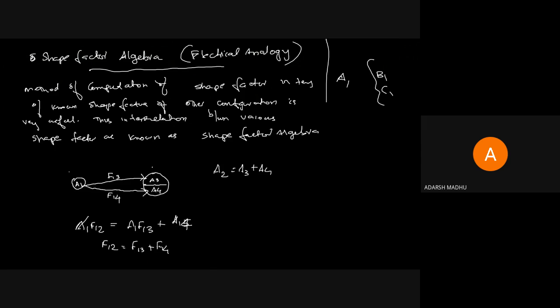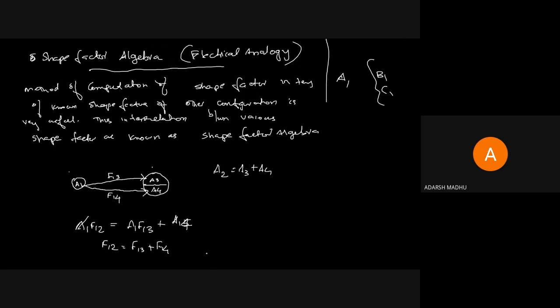That is, by knowing any of the shape factor values of the configuration, we can find the other one. That is our theorem, shape factor algebra. If F12 and F13 are known, we can find F14. If F13 and F14 are known, we can find F12. If F14 and F12 are known, we can find F13.